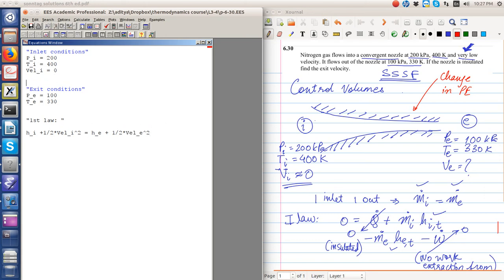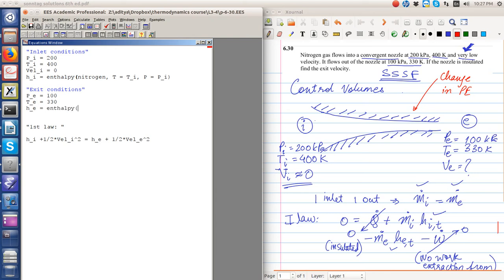To find out the properties, hi, we call the enthalpy function: enthalpy of nitrogen, T equal to Ti, P equal to Pi. Similarly, at the exit conditions, the enthalpy of nitrogen, T equal to Te, P equal to Pe, because it is given that the fluid is nitrogen.